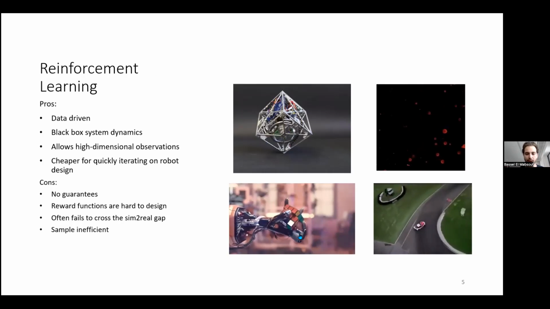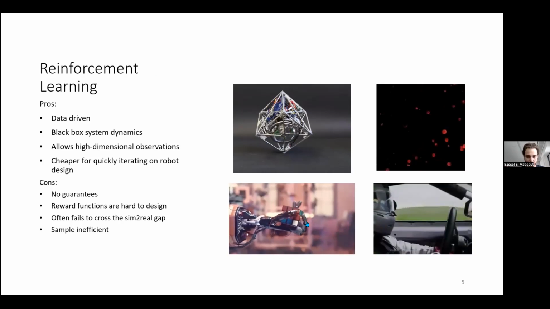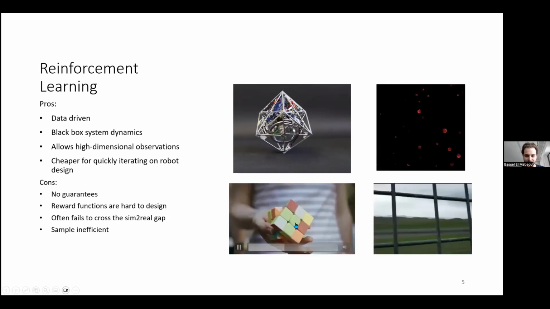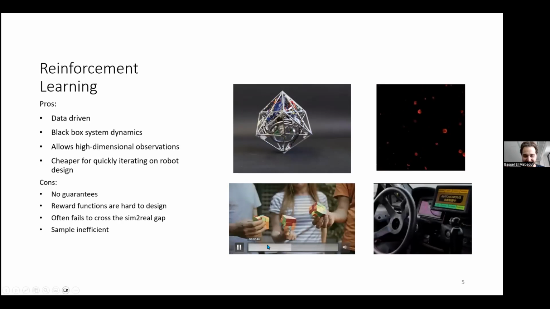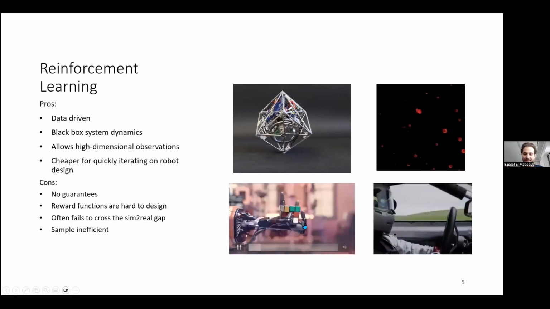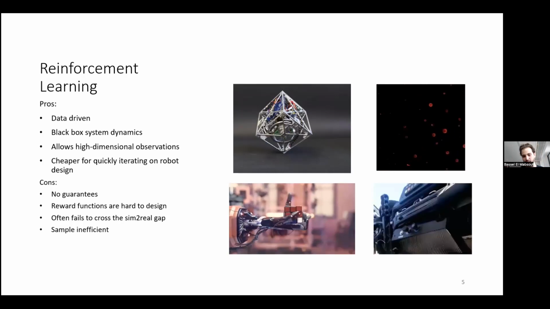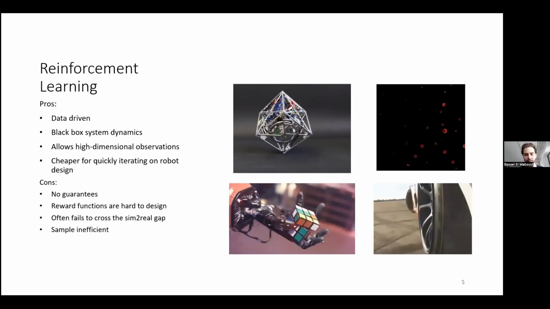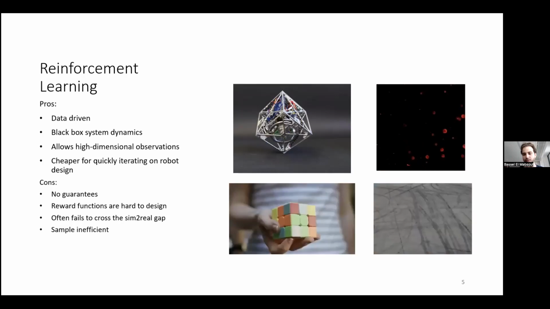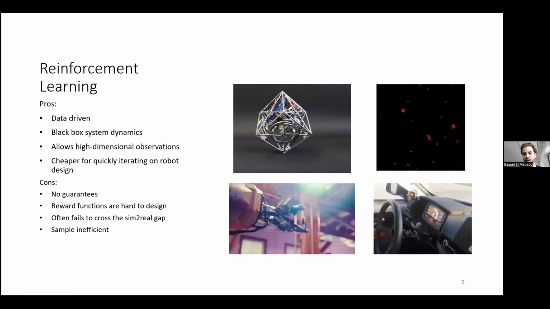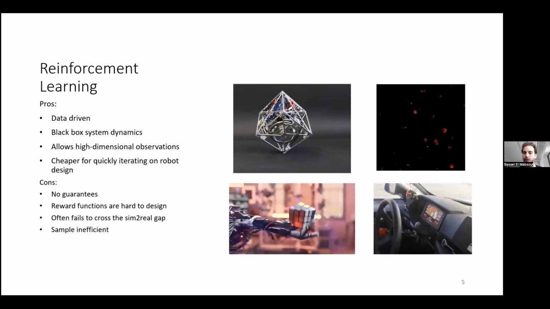Here, for example, we have a controller for a robot arm that solves the Rubik's Cube. We have this robot that is trying to solve the Rubik's Cube via a dexterous manipulation task. And we are far from solving this problem in classical control theory, but with reinforcement learning, it can be done.